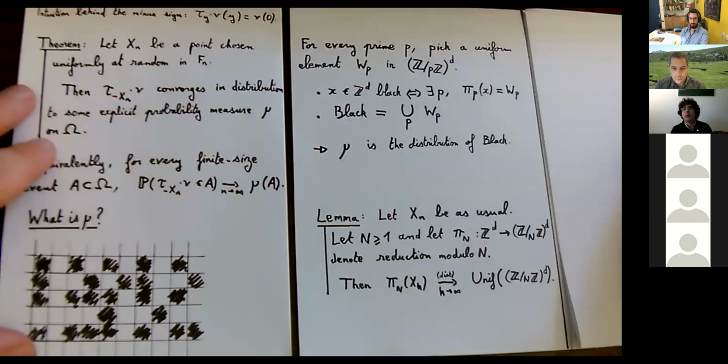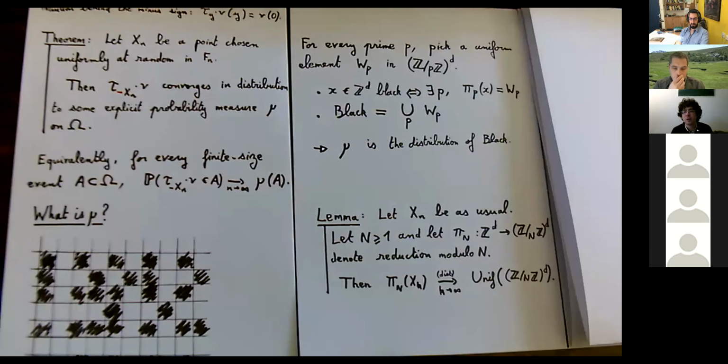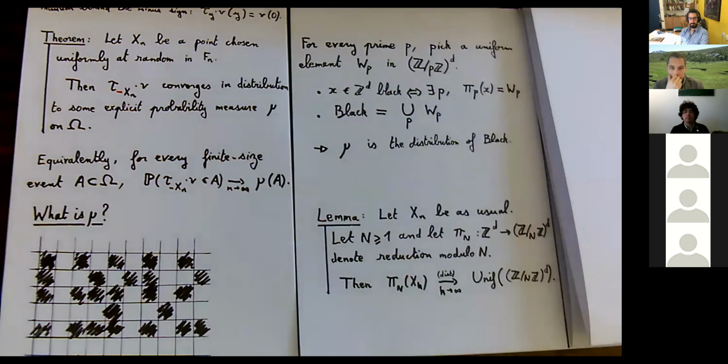So for every prime p, we pick a uniform element W_p in (Z mod p)^d. And we color some vertex x of Z^d black if and only if one prime selects its coordinate modulo p. So there is some p such that the projection modulo p of x is equal to W_p.